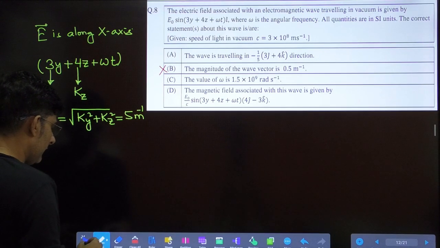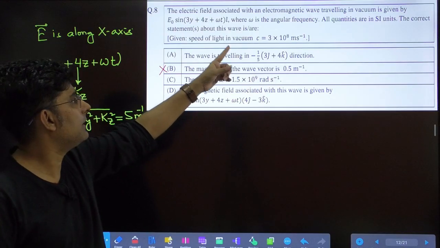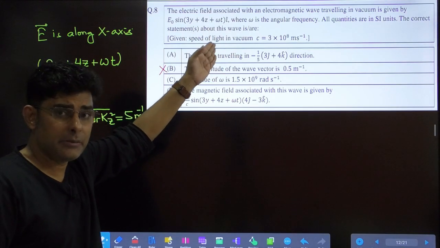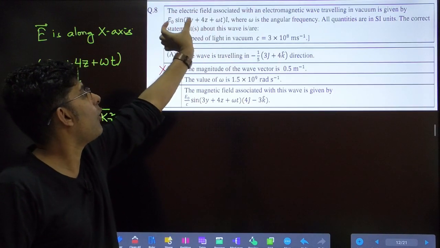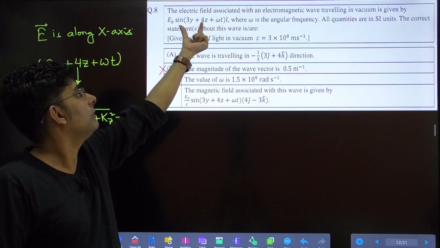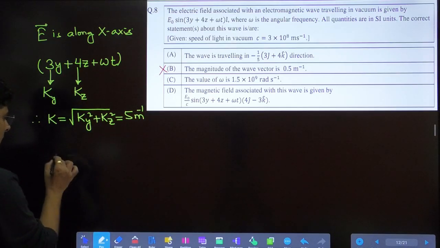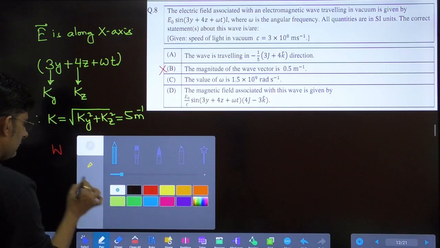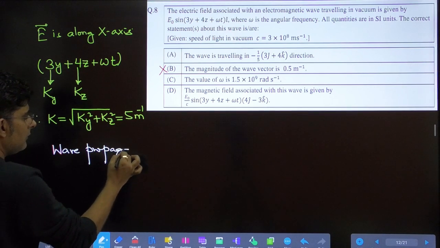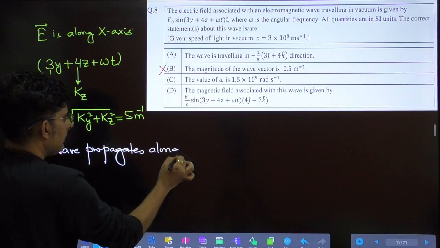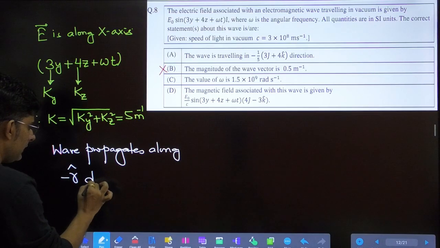Now wave is traveling in which direction? As I was just telling, if you have wave traveling along positive x-axis, then it will be kx minus omega t or omega t minus kx. But since here both the terms are positive, that means the wave is moving exactly opposite to the direction 3y plus 4z. So here we can say that wave propagates along minus r cap direction.